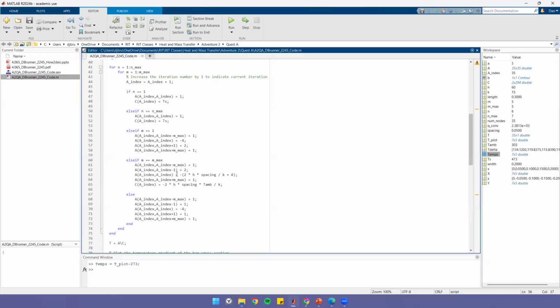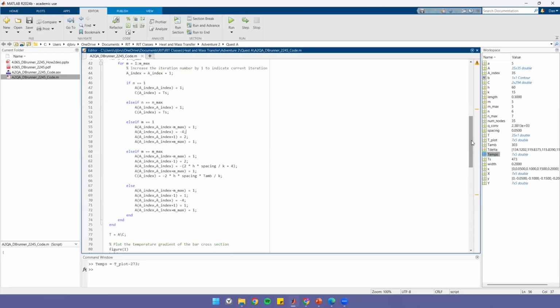And all of these equations are the equations from the node configuration from table 4.2. This else option is for the interior node. And so all of these numbers are the coefficients for the temperatures for an interior node.